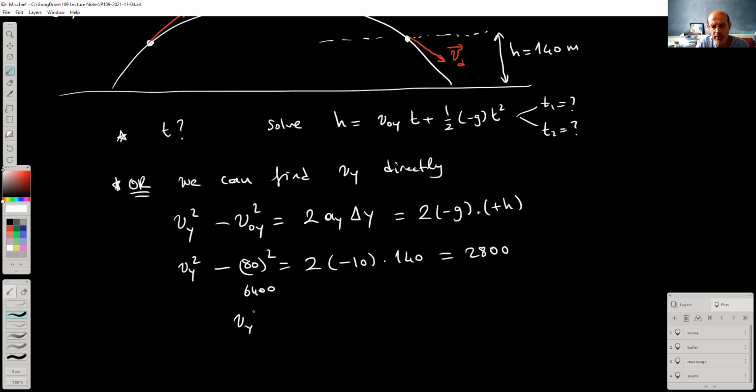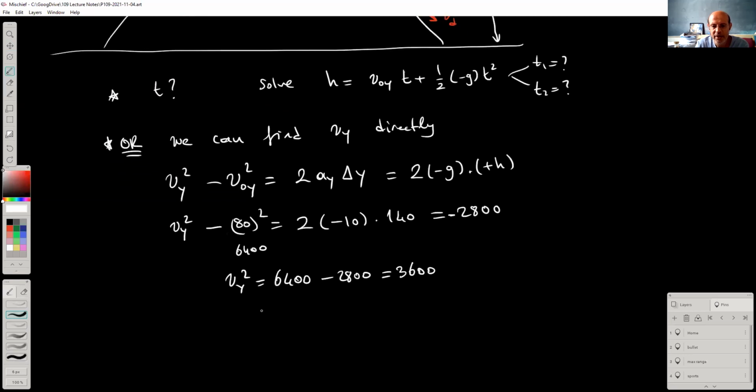So Vy squared is therefore, sorry, there's a negative sign in here. 6,400 minus 2,800, which is 3,600, all right. So therefore, there are these two solutions in here. It's either plus 60 or minus 60, and the unit is meters per second.